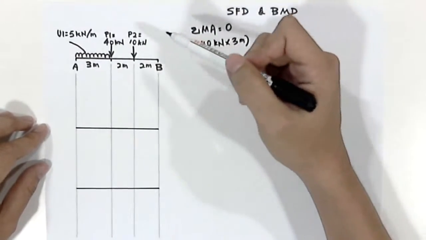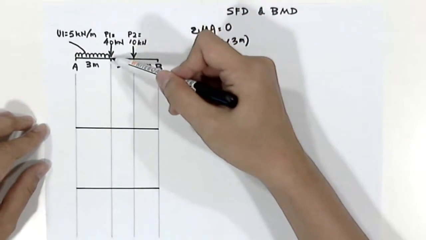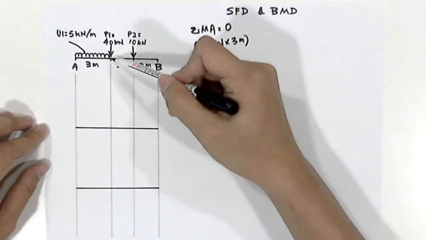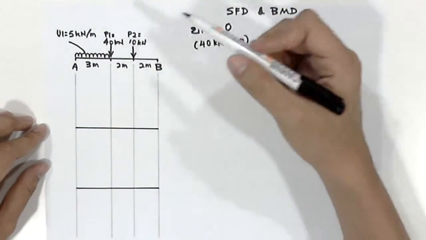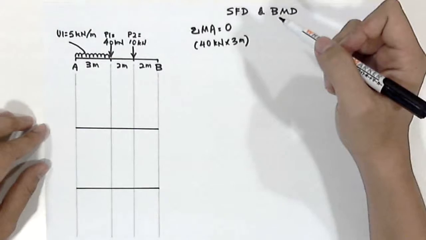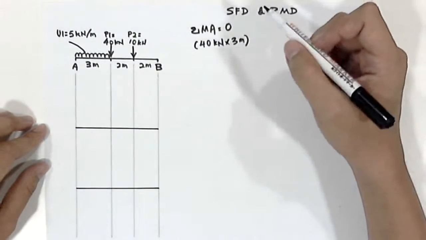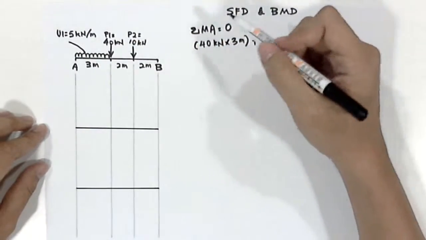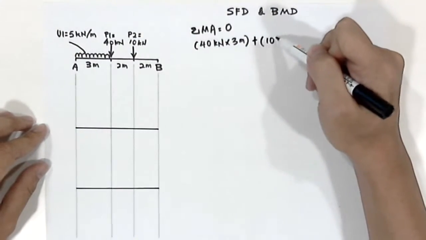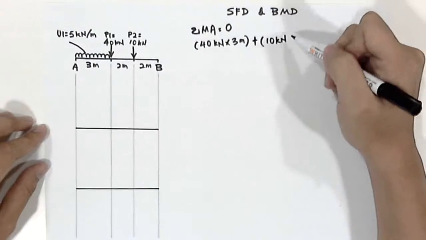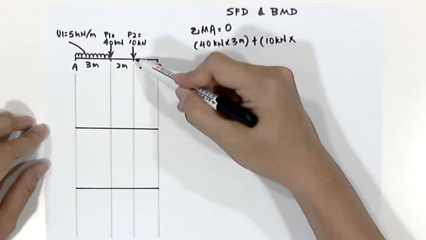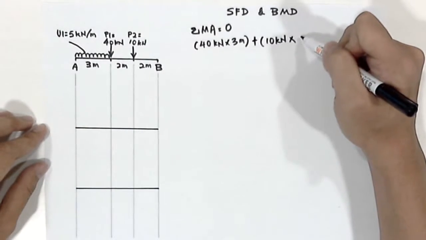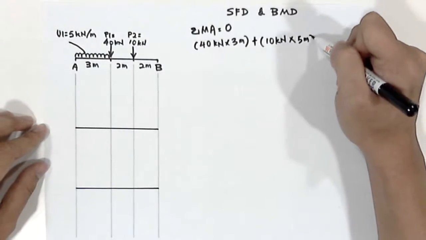This is because you have to calculate the load times the distance from point A, because we are using point A as our point of reference. The next will be P2, 10 kilonewton times the distance from point A, which is 5 meter.